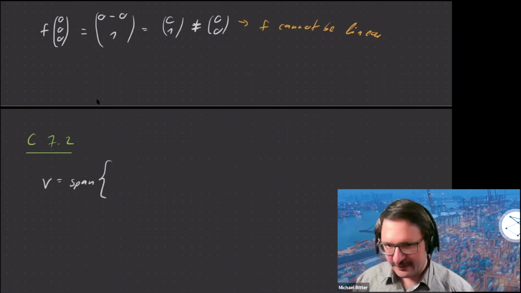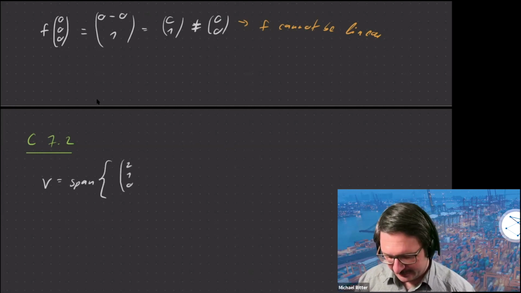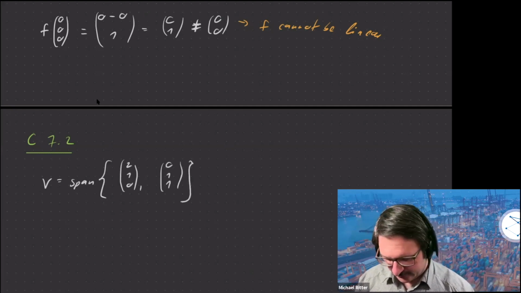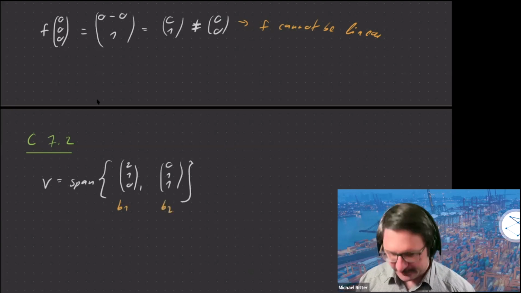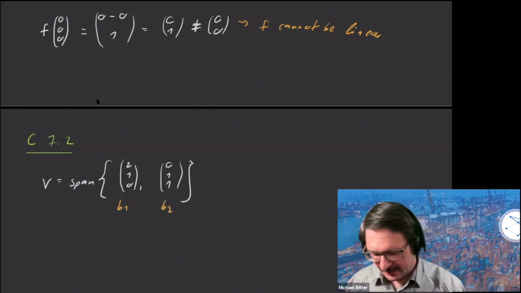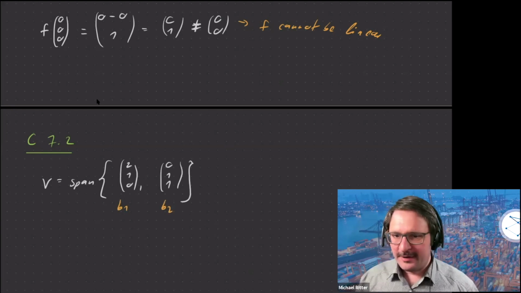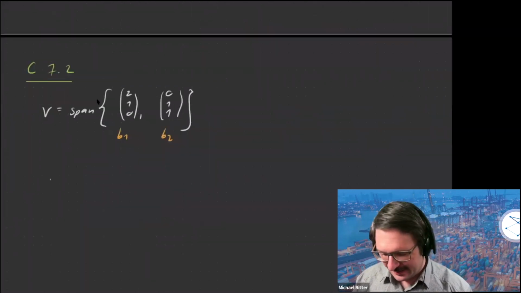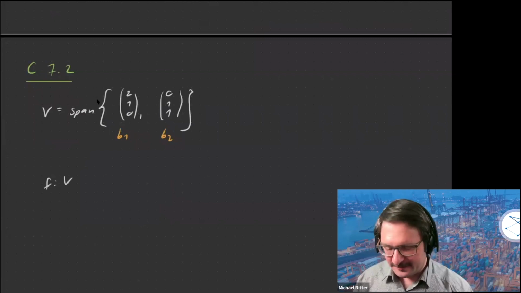They have the coordinates 2, 1, 0 and 0, 1, 1, and those vectors are called b1 and b2. And we also have a linear mapping that is defined on V, and the codomain is R3.